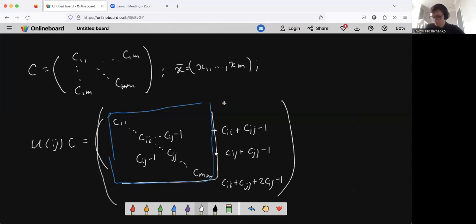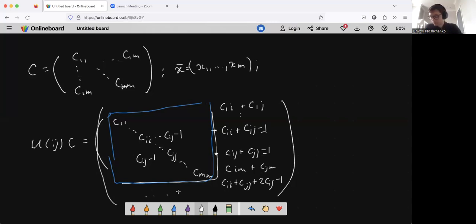And the rest would be slightly different. Those will be C1I plus C1J and so on. So we don't add this one. The rest will be units. And here will be CIM plus CJM, and analogously here.